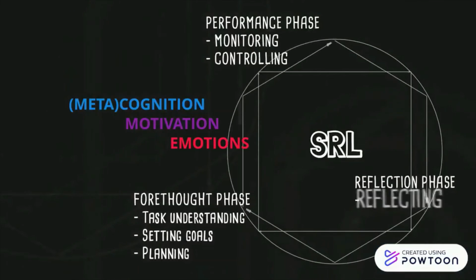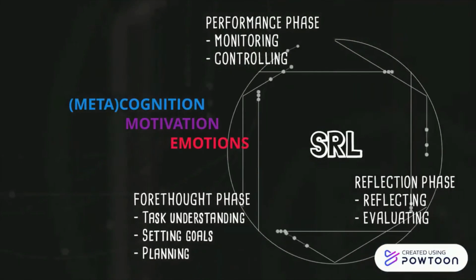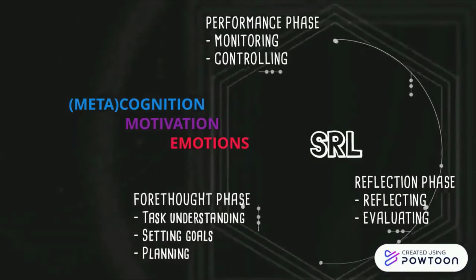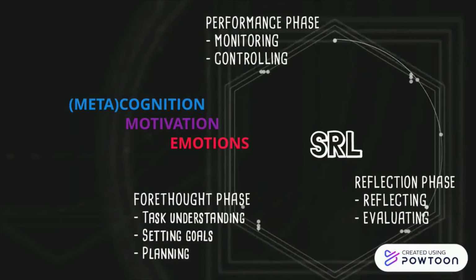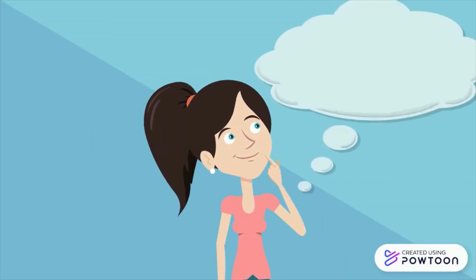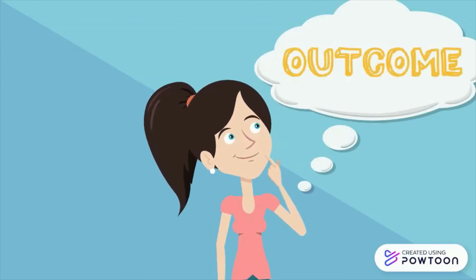The reflection phase is placed at the end of the learning process. During this phase, we are evaluating how well we have reached our learning goals and the plans we created at the forethought phase. The reflection at this phase can be targeted at least to two different things. First, you can reflect on your learning outcomes, the actual product of your work.